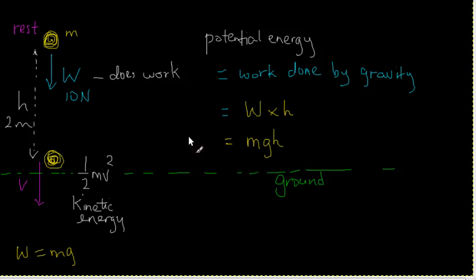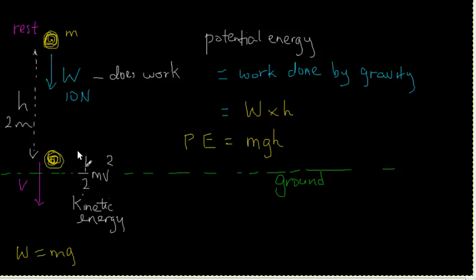So this is the usual formula for the potential energy. It is the work done by gravity as the gravity pulls the ball down by this height. Okay, and we sometimes use the short form PE for potential energy. Now we understand that when you do work on the ball, the work done that you calculate in this way, force times distance, would actually be equal to this kinetic energy, if the ball starts at rest.